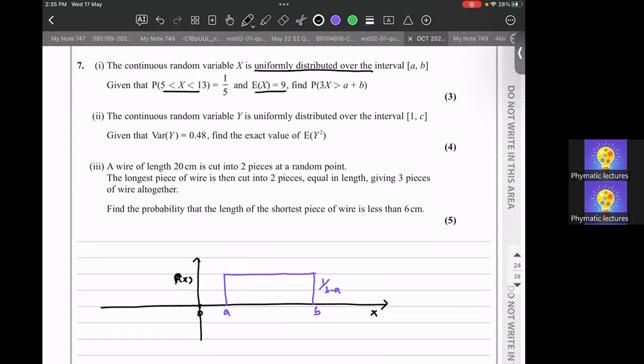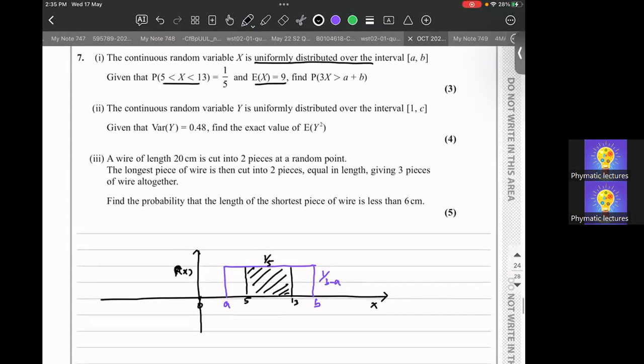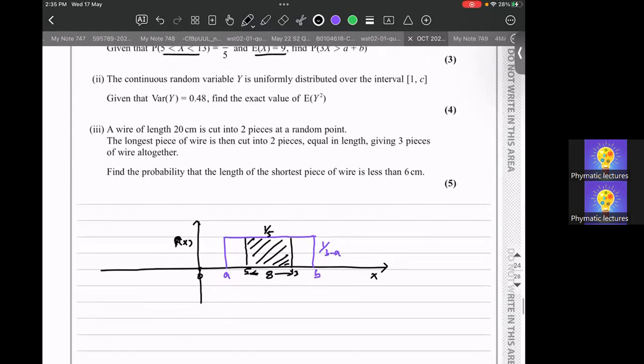And it is given in our question that the probability of x between 5 and 13 is 1 by 5. So you can easily figure out the answer. How? The difference between 5 and 13 is 8, and the height is 1 by b minus a.